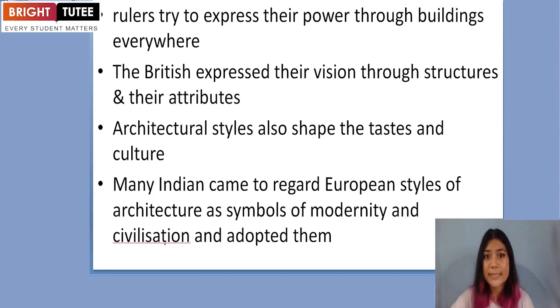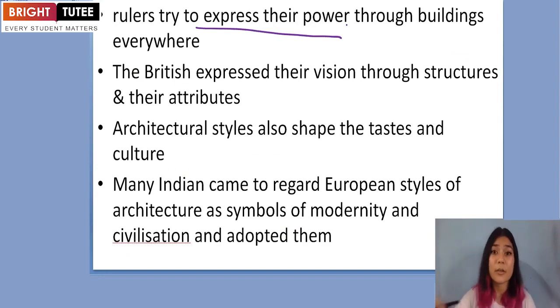So through buildings, the rulers try to express their power, not only in one place, not only in one spot, but throughout the area under their control. So when the British built imperial buildings, they were choosing to use specific styles to express what they understood, the message they wanted to give, and what they wanted the subjects to understand.